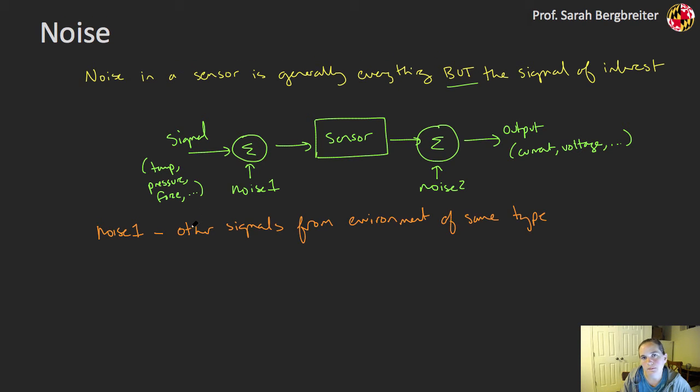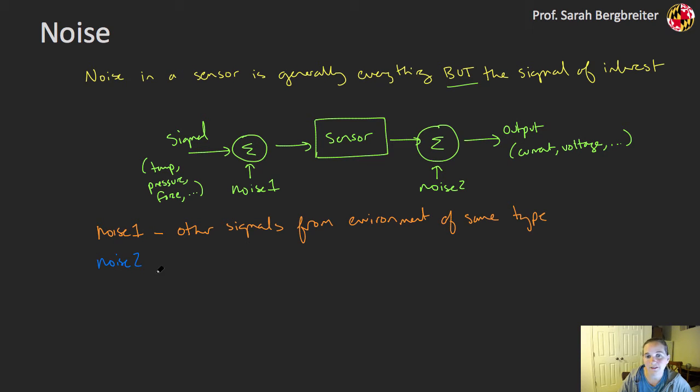So if I'm trying to measure an acceleration, for example, if I have some vibrations from an HVAC system, or if I have cars driving by, those vibrations might get coupled in to my sensor, and I might actually be measuring accelerations from those vibrations instead of the vibrations that I'm actually interested in measuring the acceleration on. So that would be an example of this first noise type that I might have in my sensor.